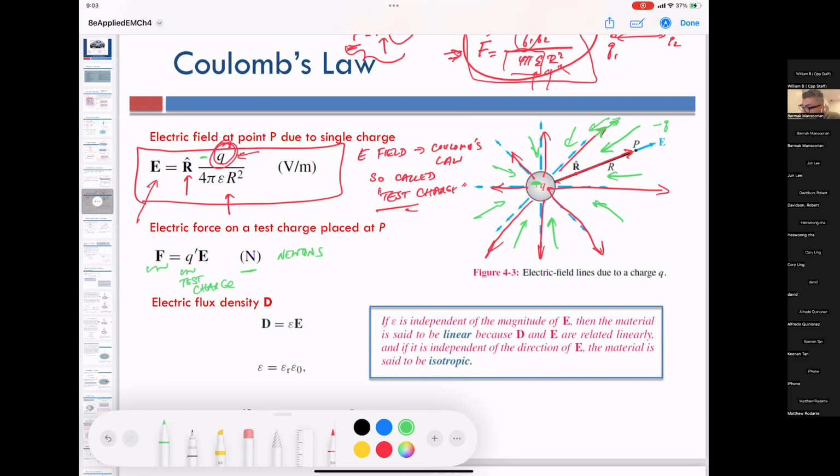And then they also define the electric flux density D as this epsilon factor times the electric field. That would be one way to at least get rid of the thing in the denominator, by just looking at D. That's the electric flux density.